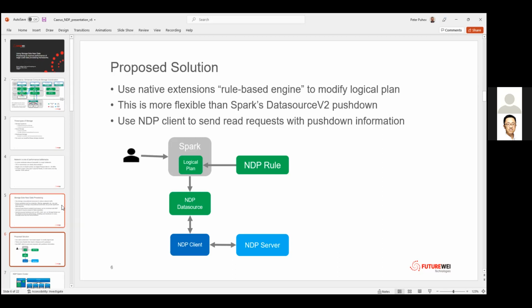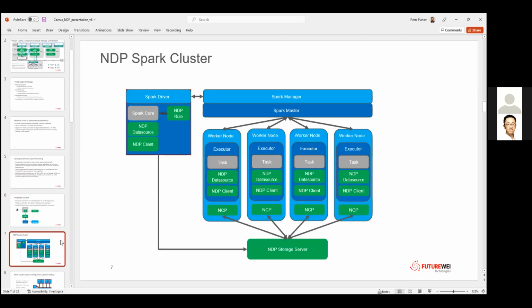Okay. In a cluster setup, that will look something like this. You have a Spark driver, and the Spark core automatically loads the NDP rule engine. The plan gets modified, the NDP data source gets engaged, and on the left communication line, we can talk to the storage and ask about its capabilities.